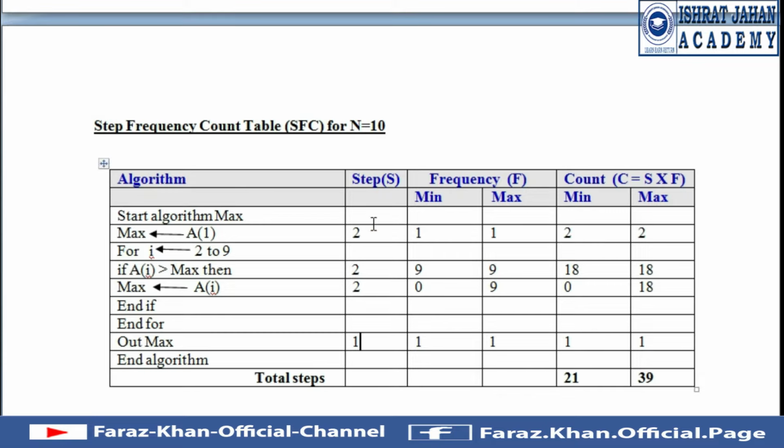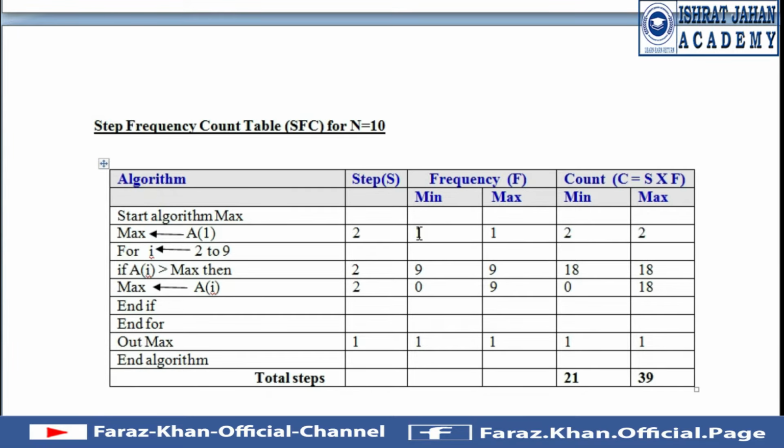Now here 2 steps. Now, frequency: it will take minimum 1 step and maximum 1 step, right? I am just initializing a variable. So it will take minimum 1 step, which means the frequency, how many times the repetition.